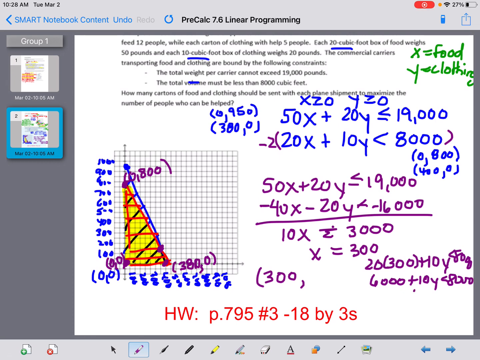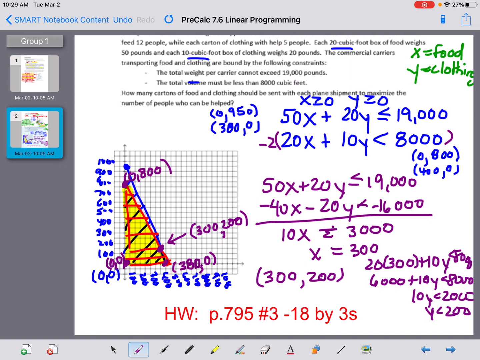Subtract my 6,000, 10y is less than 2,000, and my y must be 200. So that point right there must be 300, 200. It's where those two intersect, so that's a border point for me. So I have my 4 border points: 0, 0; 0, 800; 300, 200; and 380, 0.